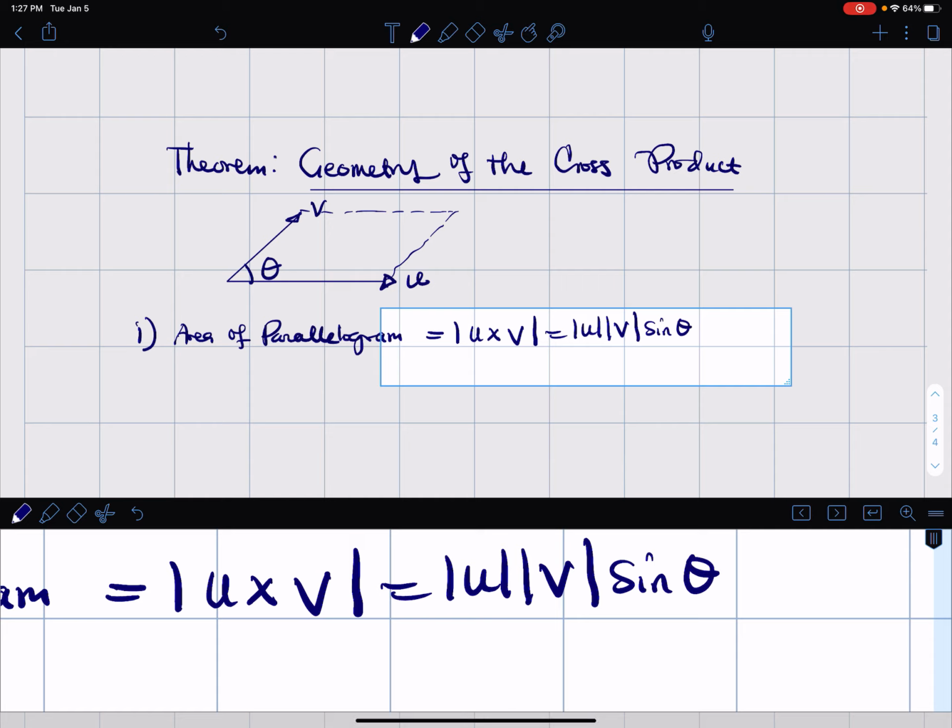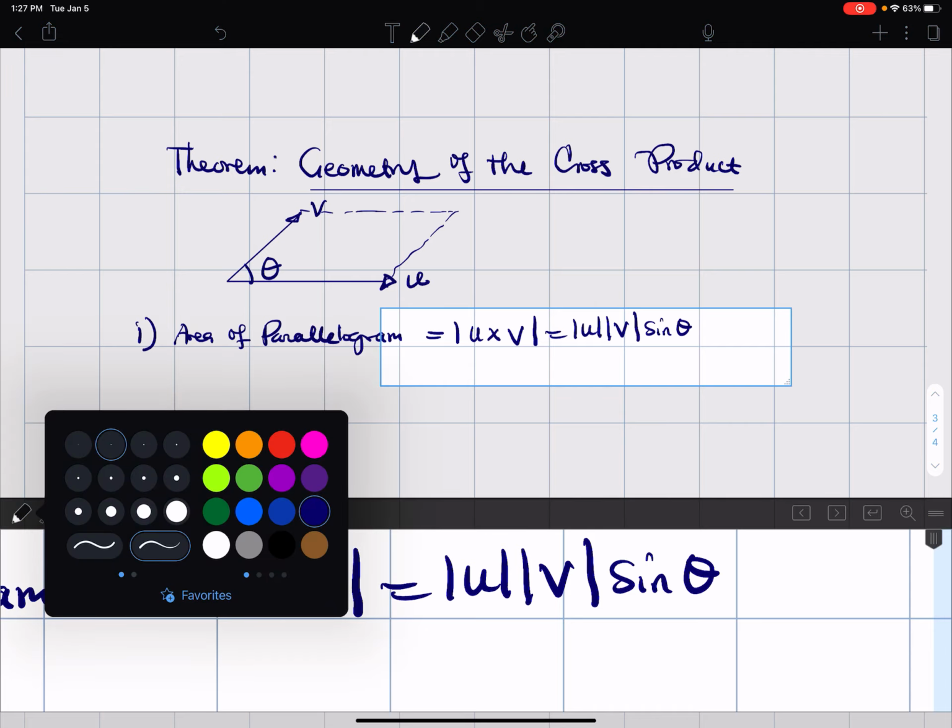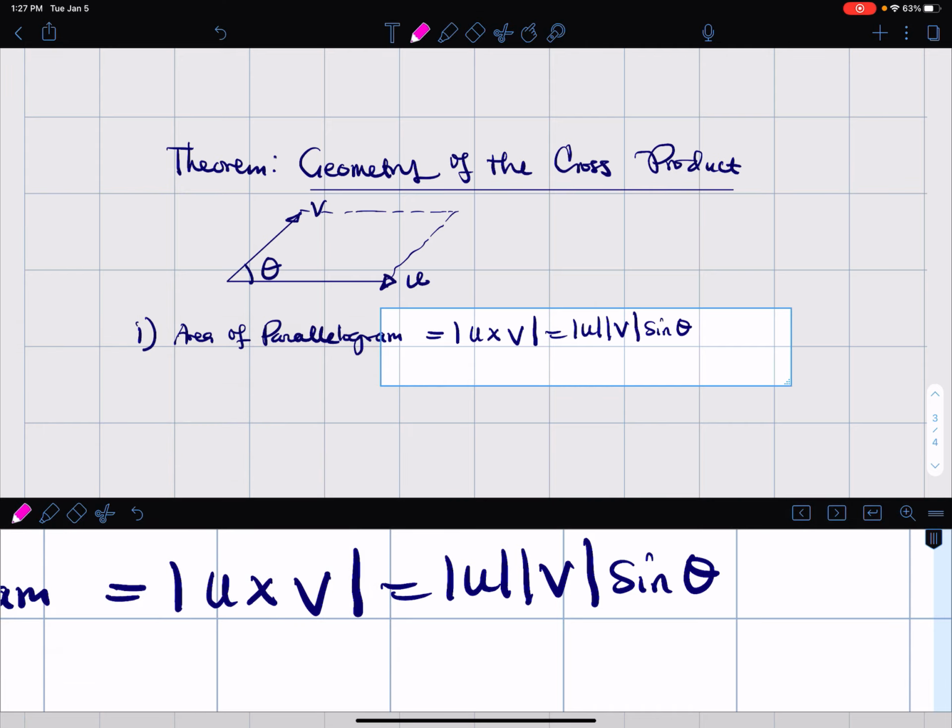Listen, when we had the dot product, whenever we compute the dot product, we're expecting a scalar, a real number. But when we do the cross product, we're expecting a vector. So U cross V is always going to be a vector. But here we're taking its magnitude, right? And that is magnitude.